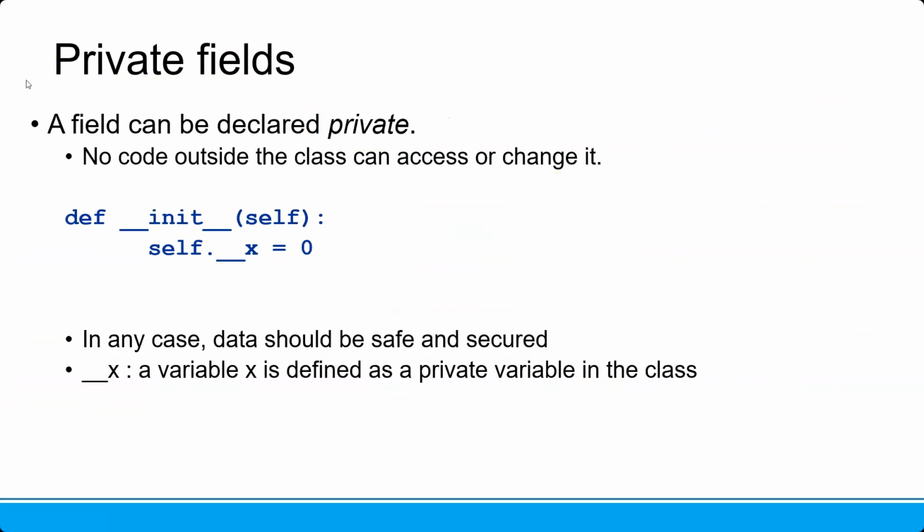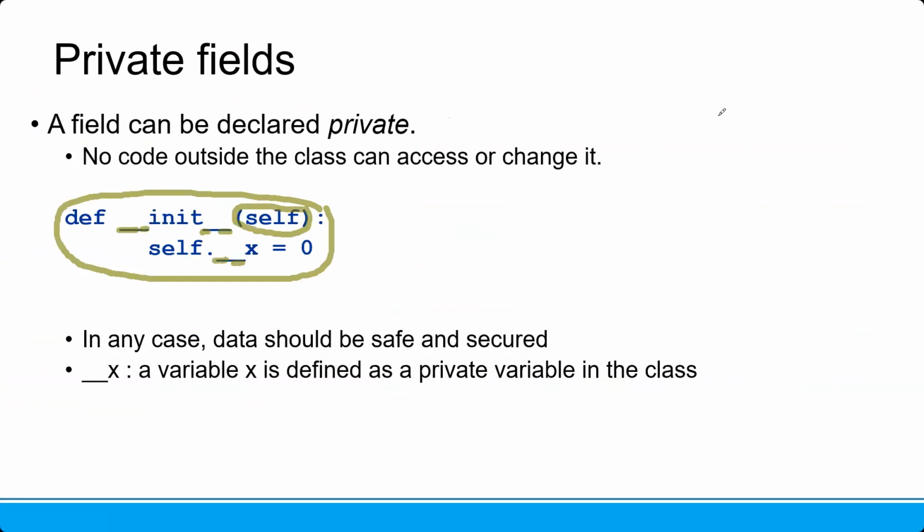In Python, we will declare in the constructor, again, we can use __init__, and then let's say I don't have any argument, so just self. In this case, we need to define the variable with the underbar.